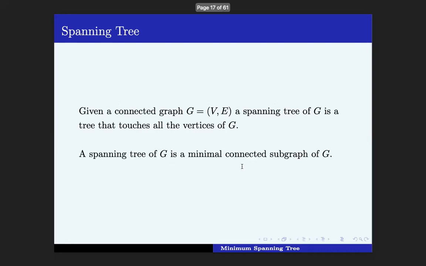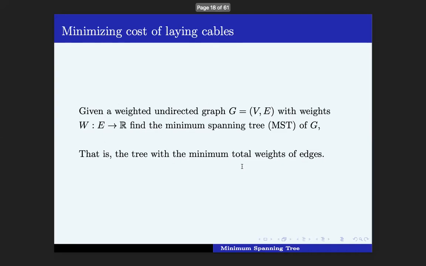And we want to minimize the cost of laying cable. What does that mean? I want to select a set of edges in the graph such that every vertex is connected, and of course I want to connect them minimally. I don't want to spend too much extra cost, which means I want to select a spanning tree.